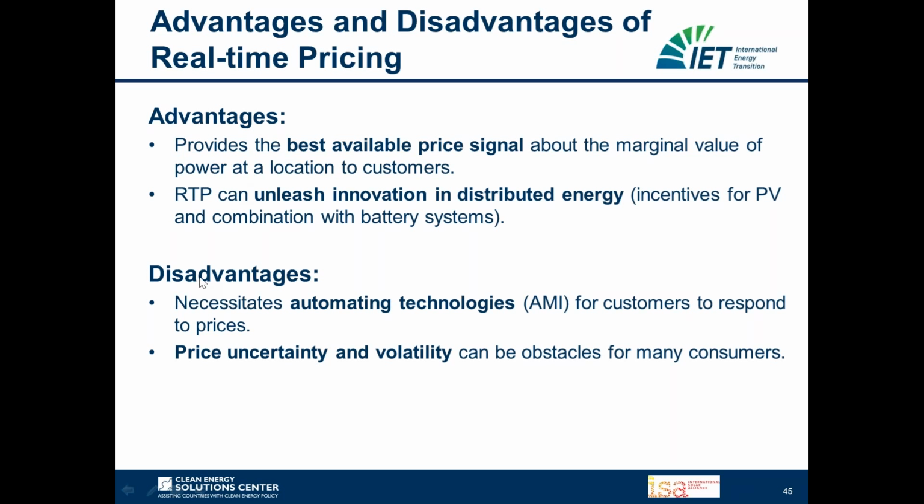The disadvantage is, once again, that they need automating technologies and advanced metering infrastructure in order to allow customers to respond. As mentioned before, these are primarily available now in the large-scale commercial and industrial sector, not so much in the residential sector.